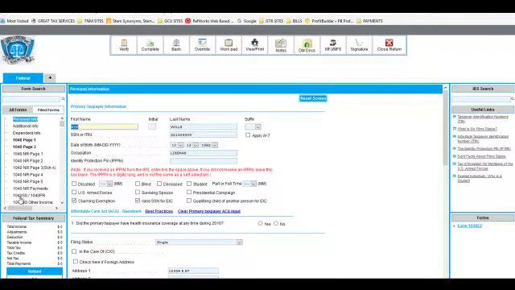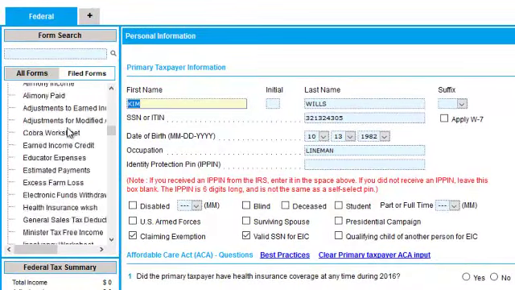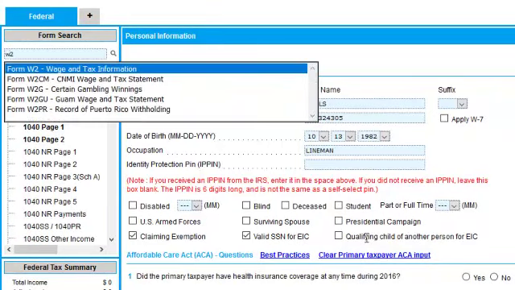To the left here we have all the forms that you could possibly decide to put in. Okay, and you also have a search box here if you just want to do a W-2. Put W-2 in, and you see it populates the different types of W-2s that you can have for a person's return.